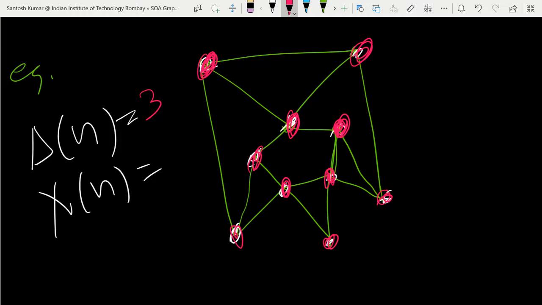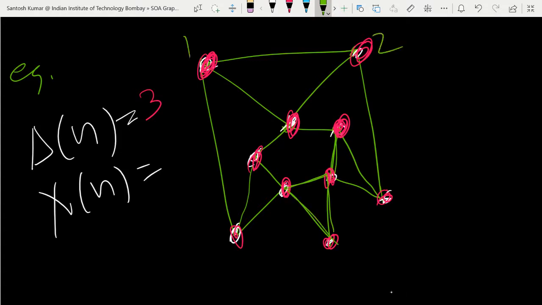Okay, chromatic number is what? Sir, 3 chromatic number. Yes, so you can see triangle is the sub part.